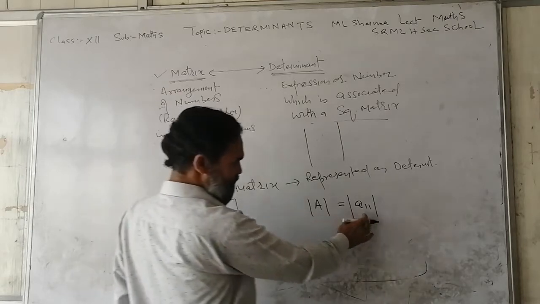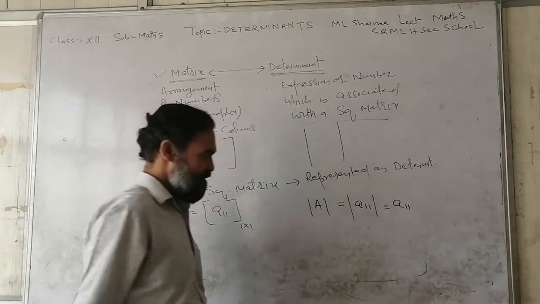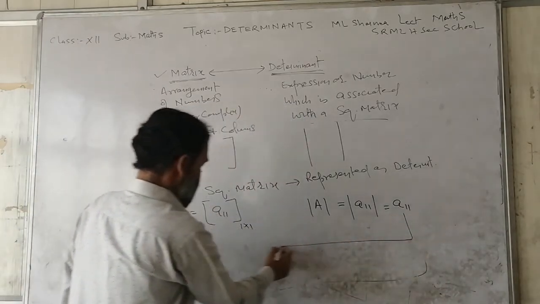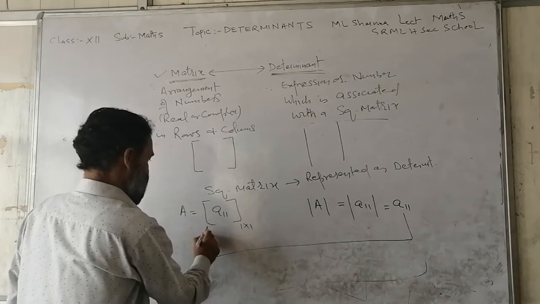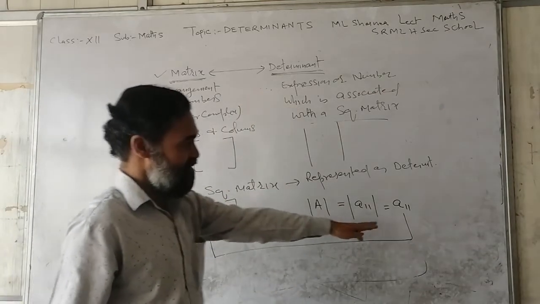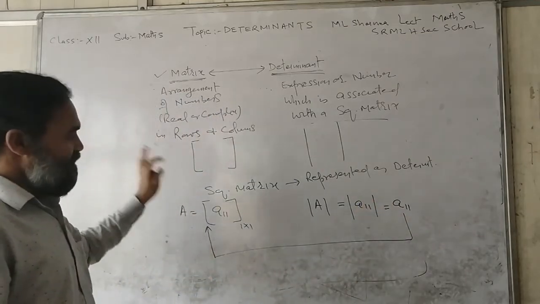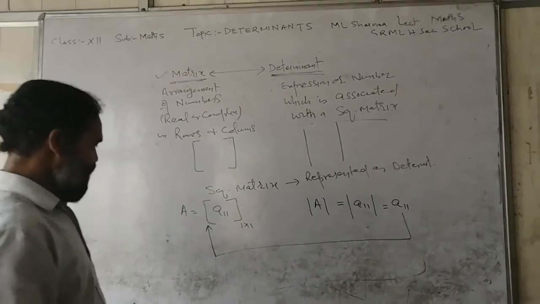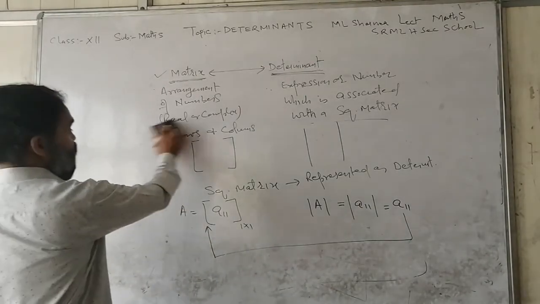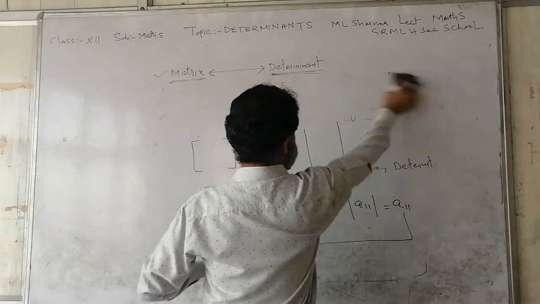So if I have to find the value of this determinant, it will be A11 simply. This expression or number is associated with matrix A. As I have written, it is a number or expression which is related to the matrix A.